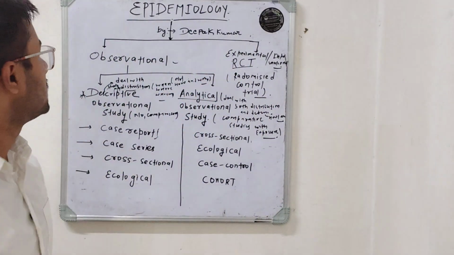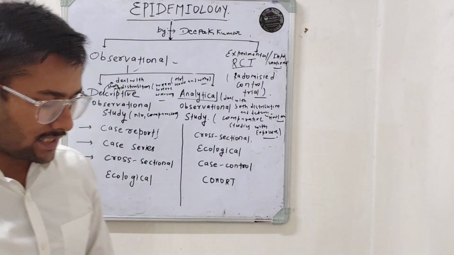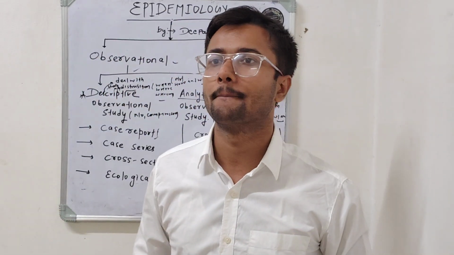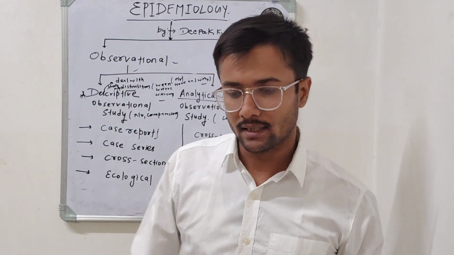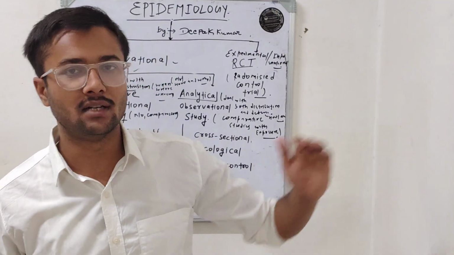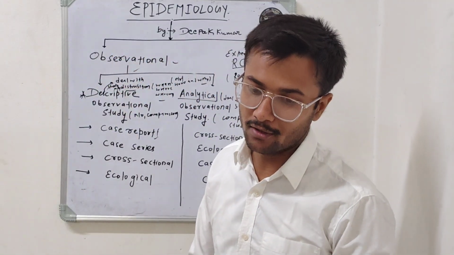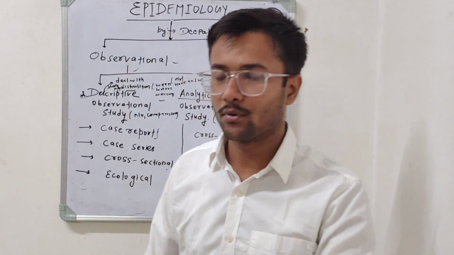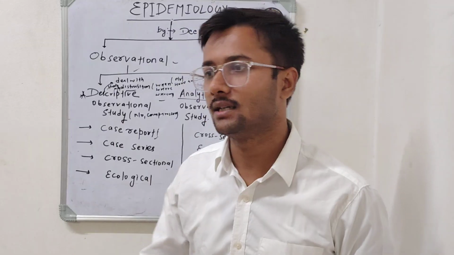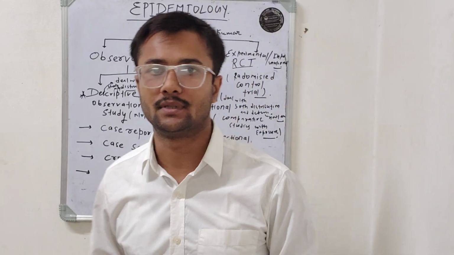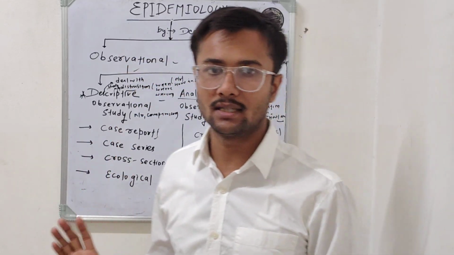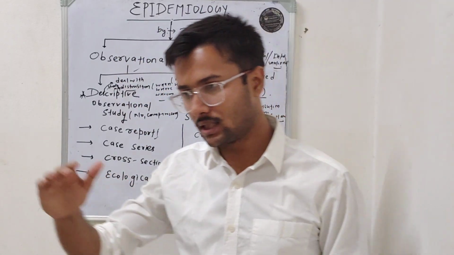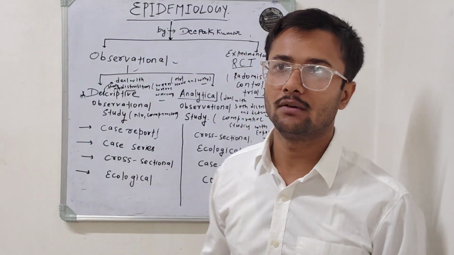According to the word, observational means the researcher only observes things. The researcher only observes the progression of a disease. They go to hospital wards, stand in front of the patient's bed and observe the progression of disease without interfering themselves. But in the experimental study, the researcher interferes to study the progression of a disease.